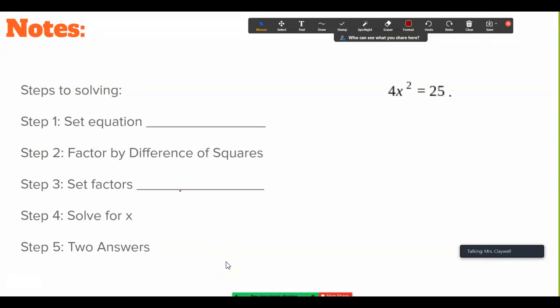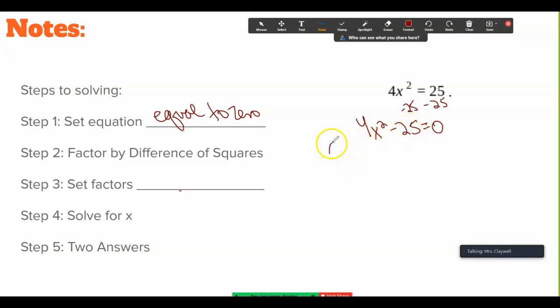Okay, we're going to use difference of squares to help us solve. So the first step is we set each equation equal to 0. We're going to factor by difference of squares. So this is really 2x minus 5, 2x plus 5.